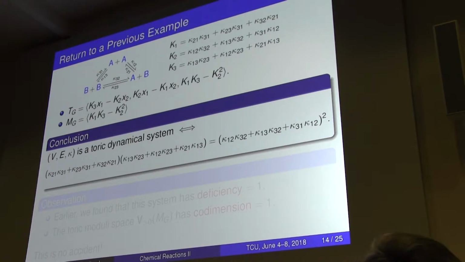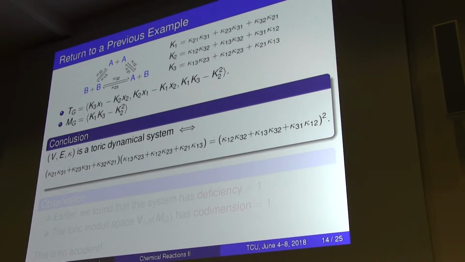So let's return to a previous example, and this will answer one of the questions asked earlier. When is this guy a toric dynamical system? The answer is, of course, if I make a random choice of the rate constants, it won't be. But in this case, when I set stuff up, here's the first toric ideal.